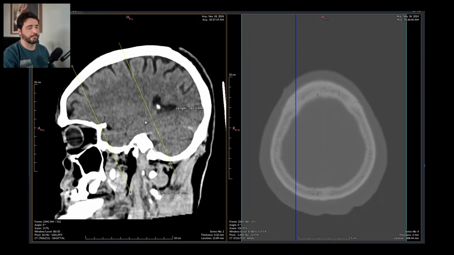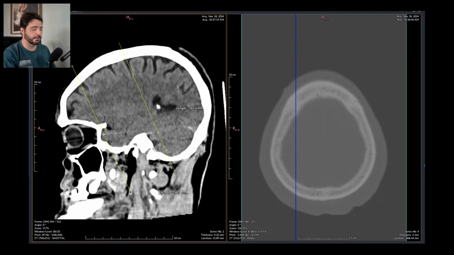So those coronal hippocampus sequences, it could be a T2, it could be a FLAIR, or it could also be an IR, an inversion recovery T2, that makes cortex and white matter much better defined from each other.